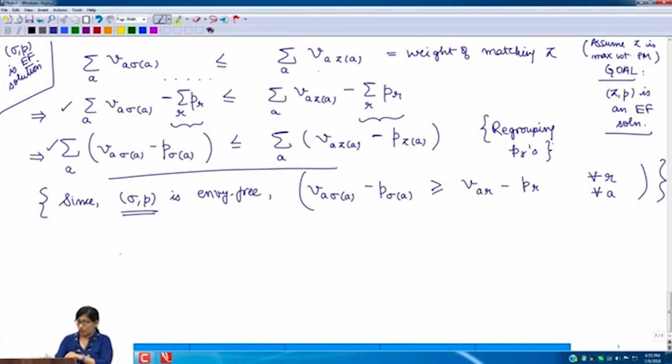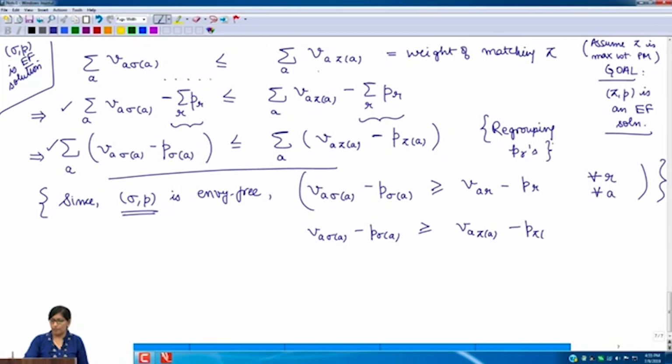If I do that, I know that V_A of sigma A minus P sigma A must be at least V_A of pi A minus P pi A, because pi A is some room R, right? Because it was true for all R, it should be true in particular for the room pi A. And pi A and sigma A can be equal, no worries, but they can be distinct rooms as well. We have equality anyways, right?